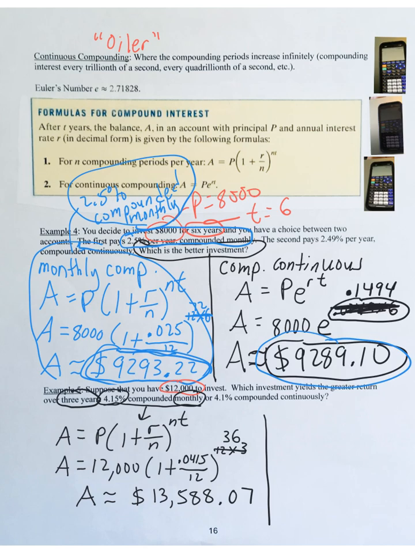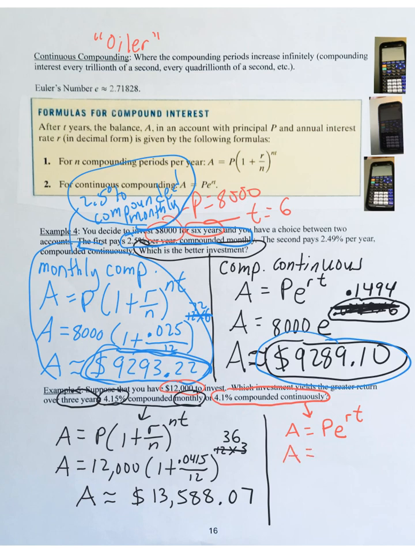Let's go ahead and take a look at the other scenario, which is 4.1% compounded continuously. So whenever it says continuous or continuously, that's your cue to use the PERT formula. A equals principal P times E raised to the R times T power.